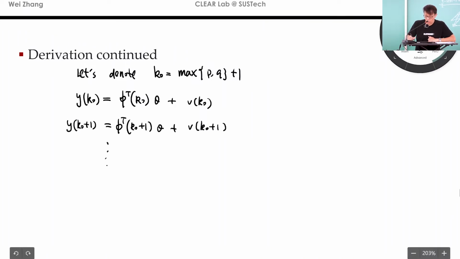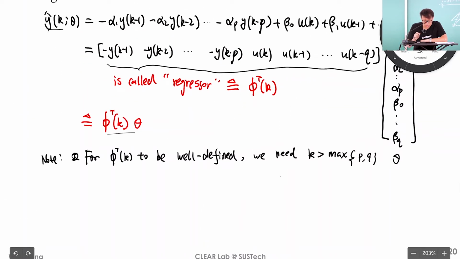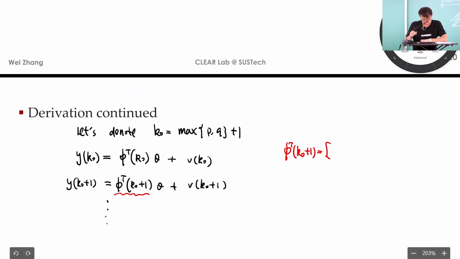Can you tell me what is this phi K0? This is my shorthand notation. It's just a row vector of this form where you replace k with K0 plus 1. I think you're fine with it.